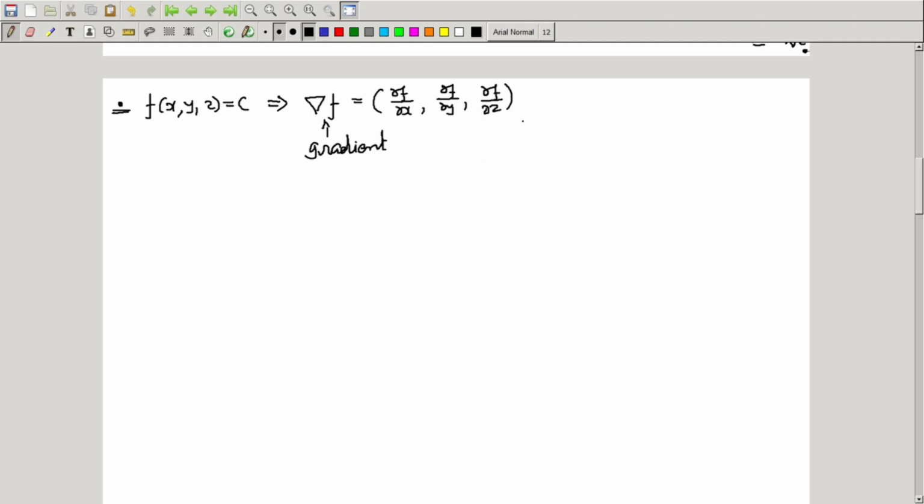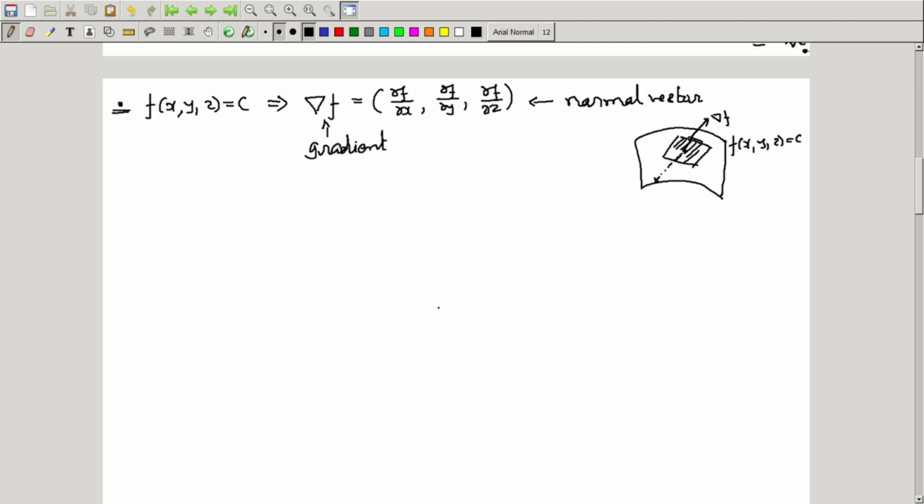Right, this is the gradient. And as we discussed in the last semester, the gradient represents the normal vector.